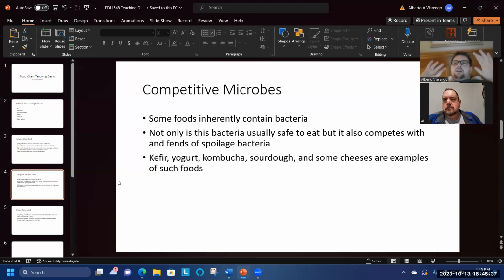Blue cheese contains a type of fungus that, although it makes the cheese super pungent and a little foul tasting depending upon your flavor palette, keeps the bad bacteria out.